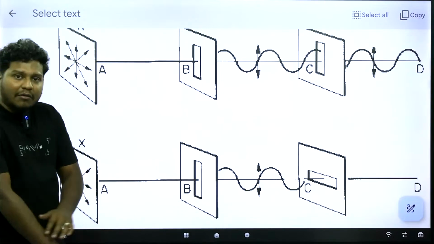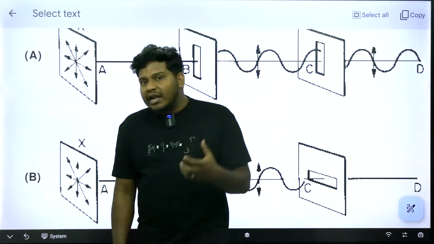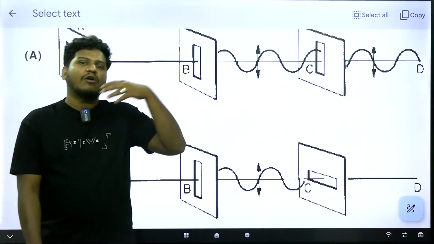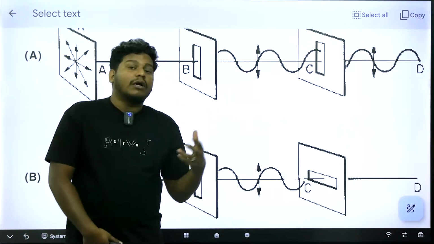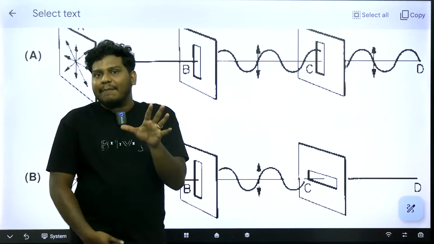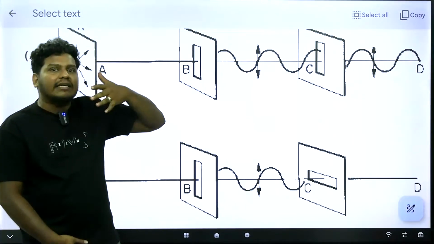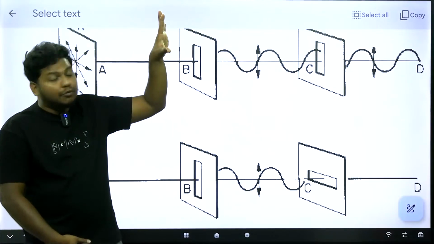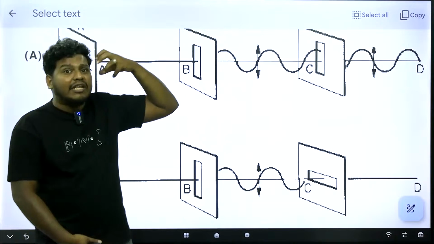So somehow you have heard about polarized sunglasses. When you are going outside using polarized sunglasses, without the sunglasses you can't see the sun because it's too bright. You can't even see, because lots of unpolarized waves are coming.